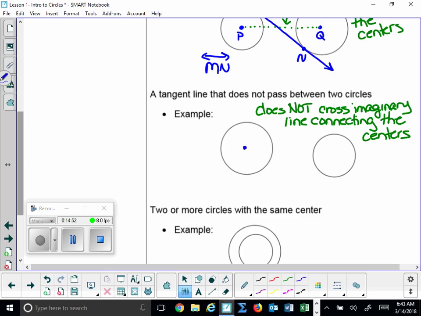Alrighty, let's draw this in. P and Q. Here's our imaginary line connecting them. If I have a tangent that does not cross that line, well, it's a common external tangent.